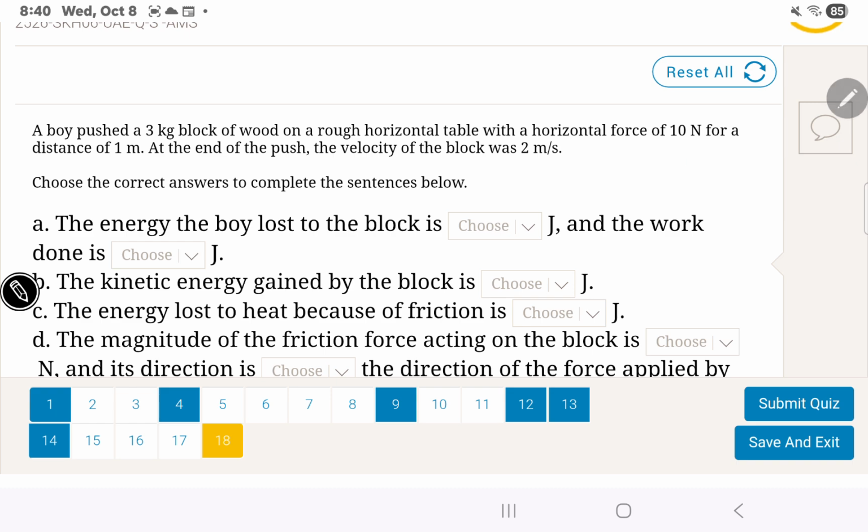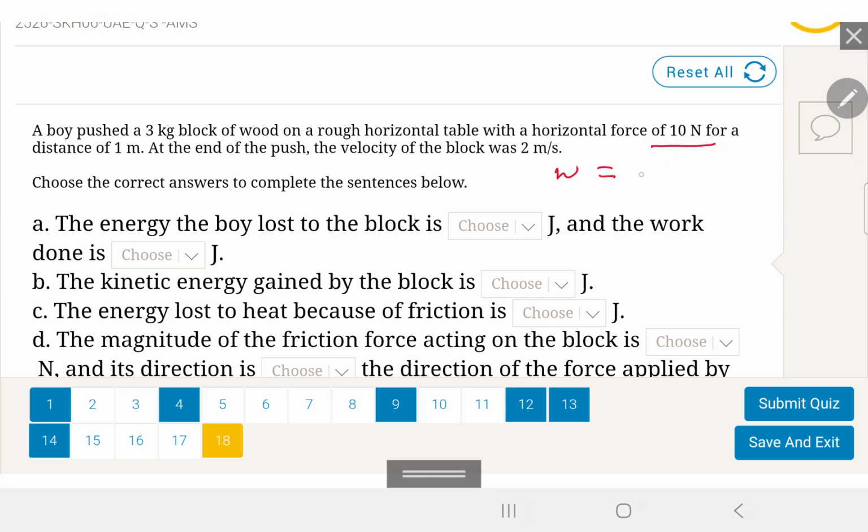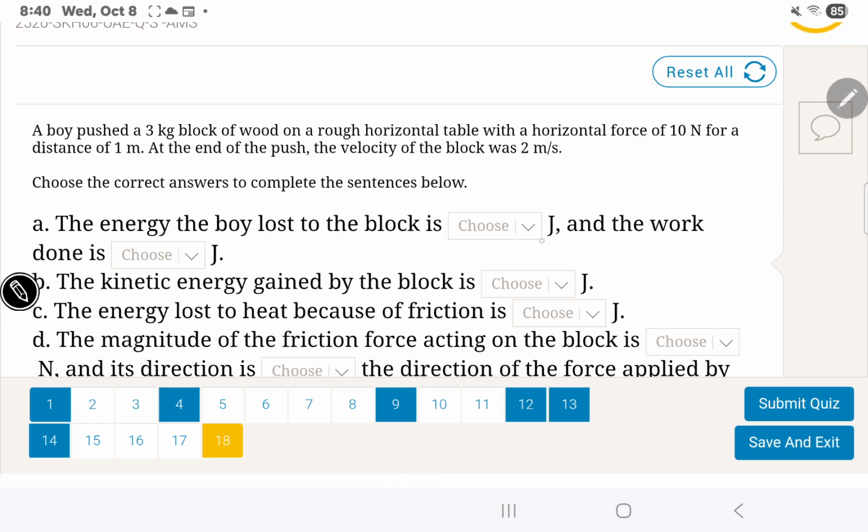The force is 10 newtons, so work equals 10 newtons times the distance, which is 1. So this will be 10 joules. So here you have to choose 10 joules. Force times distance, so 10 times 1. The energy the boy lost to the block is 10 joules, and the work done is also 10 joules.